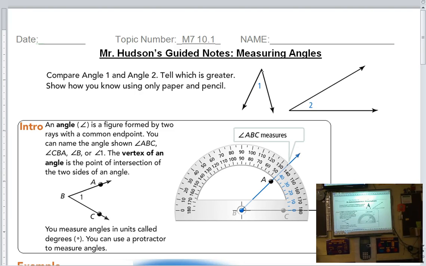Line up one on the straight edge, right in the corner. Then fold it so it matches the angle right like that. See how it perfectly matches now? Along that line, and this will be angle 1.